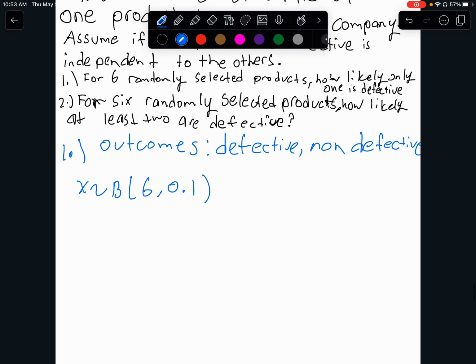Substituting into the formula, P(X = 1) equals n choose k times p^k times (1 minus p)^(n minus k).